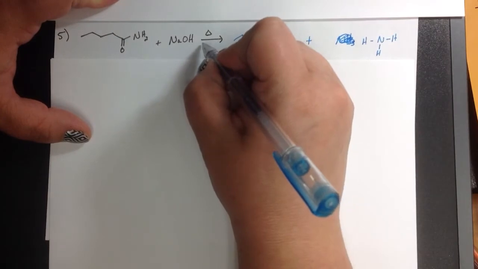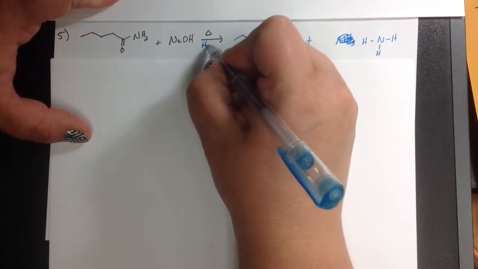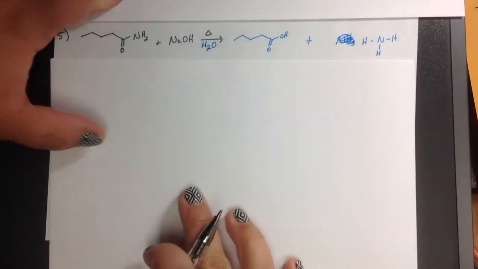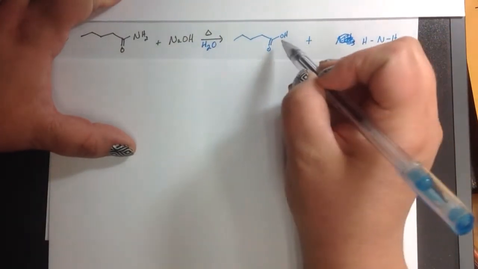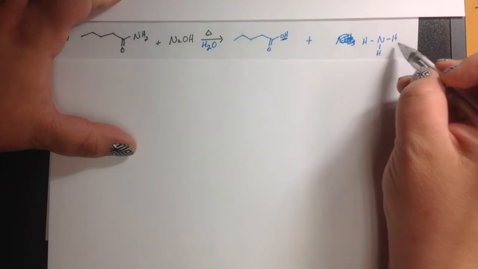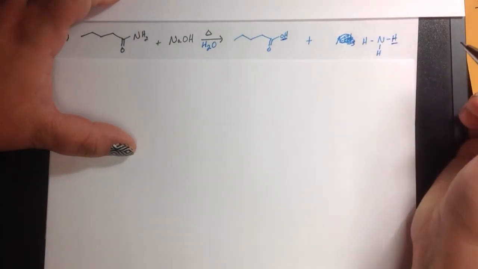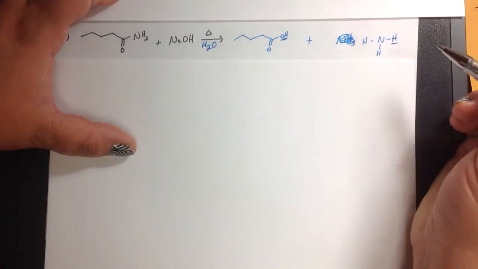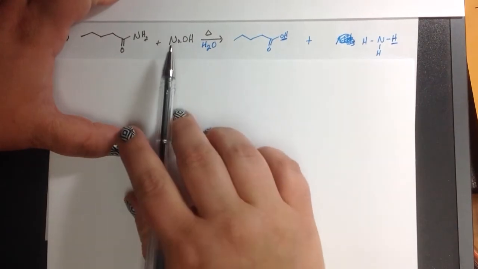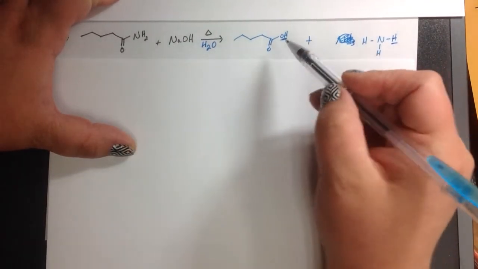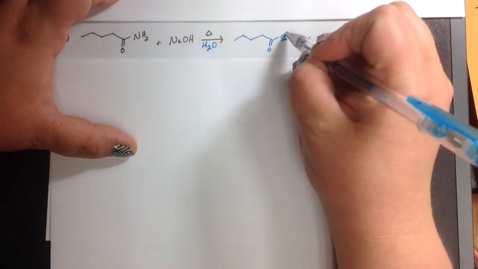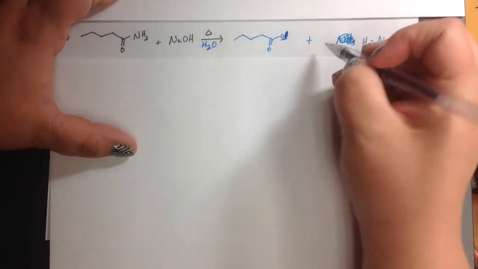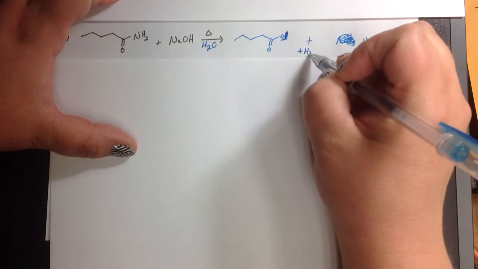Sorry, there is also water in here. Okay, my apologies. So this water is here, HOH, and one here as well. Okay. Now, because we're in a base, it's going to react with the acid. That means that this hydrogen will go away and form water.